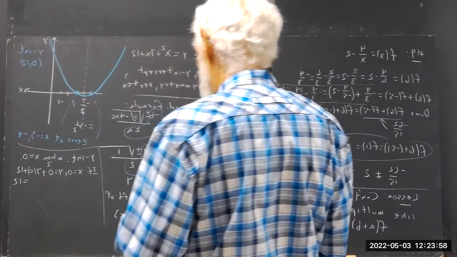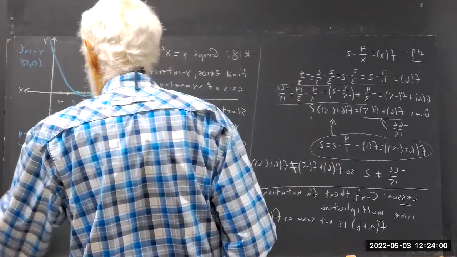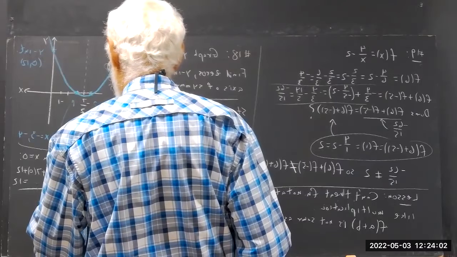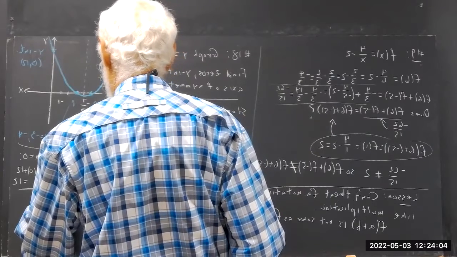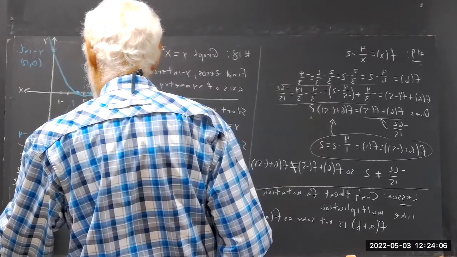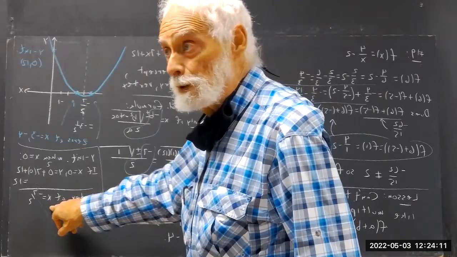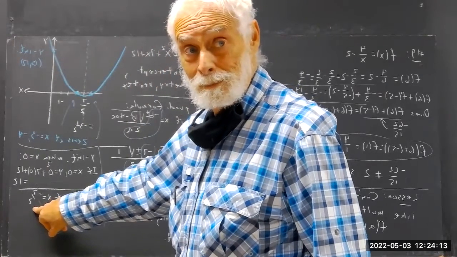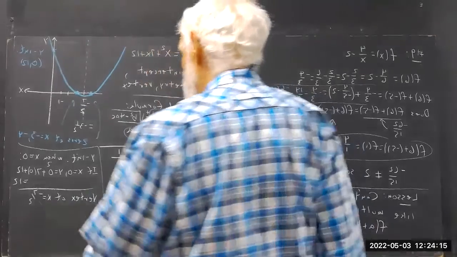Now the vertex, because we also want to find the vertex. Well, the vertex is on the axis of symmetry, so it occurs when x equals -7/2.